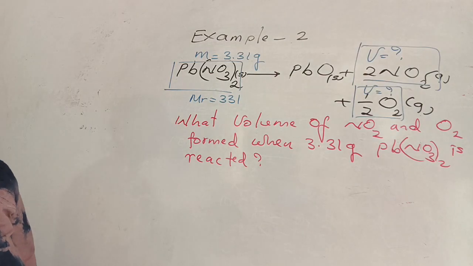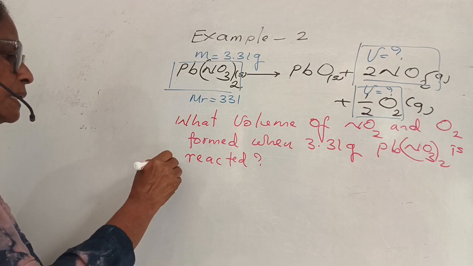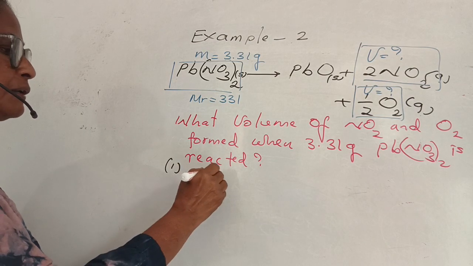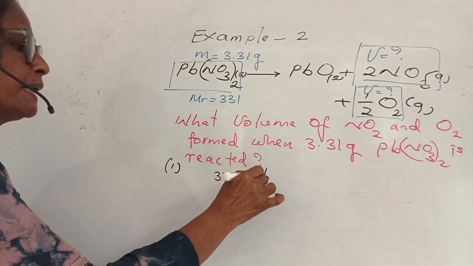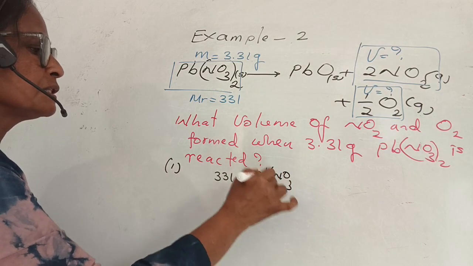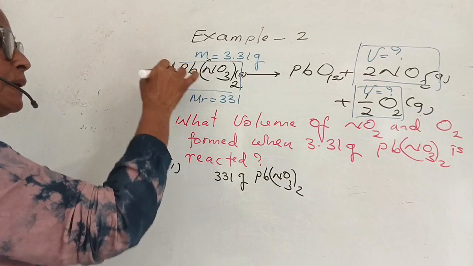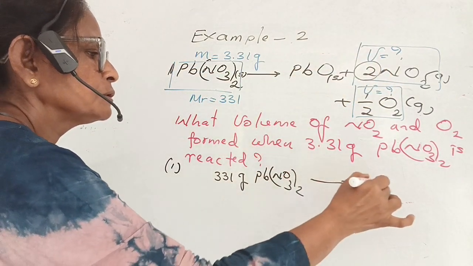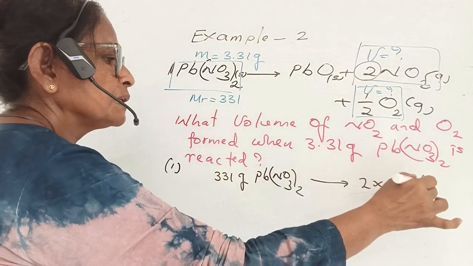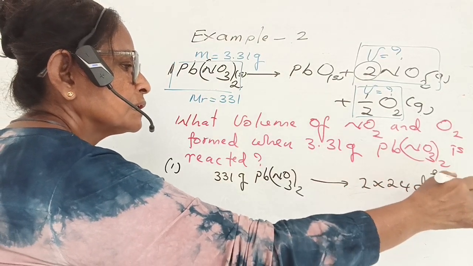To get the first part, the volume of nitrogen dioxide: if 331 grams of lead nitrate reacts, which is 1 mole, it produces twice as much nitrogen dioxide, 2 times 24 decimeter cube of nitrogen dioxide.